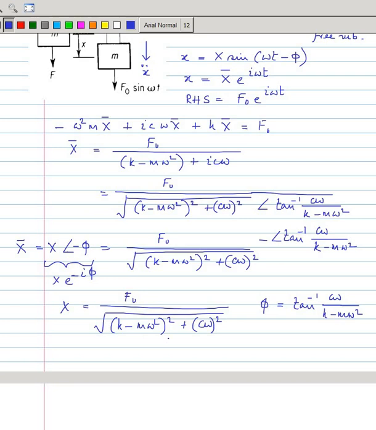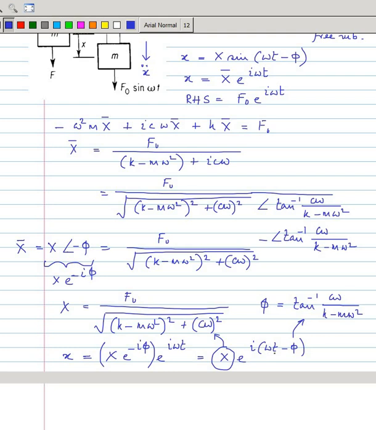So we have got the solution. So this is the amplitude. Then what is the actual x? Actual x is X e to the power minus i phi, which is x bar, and then e to the power i omega t. So this is X e to the power i omega t minus phi, and this X is actually this, and this phi is actually this. So we have got the solution.